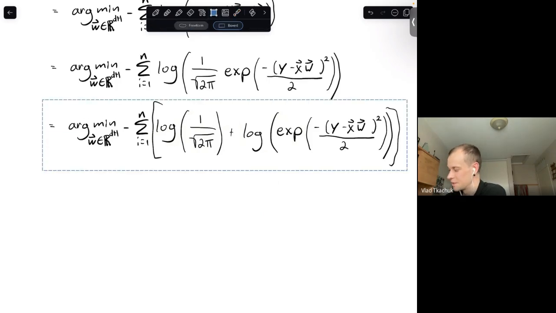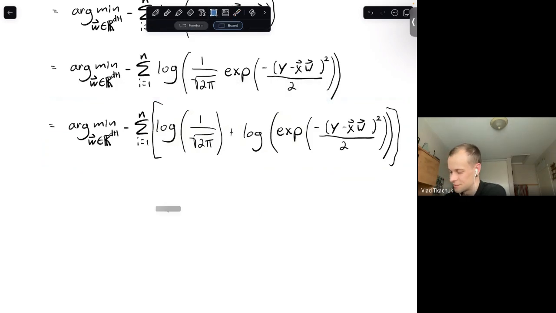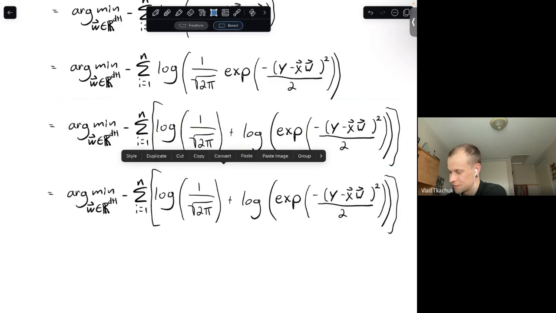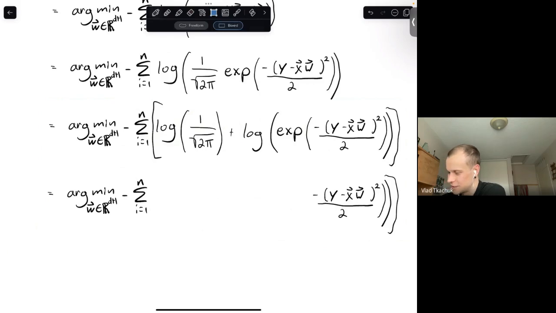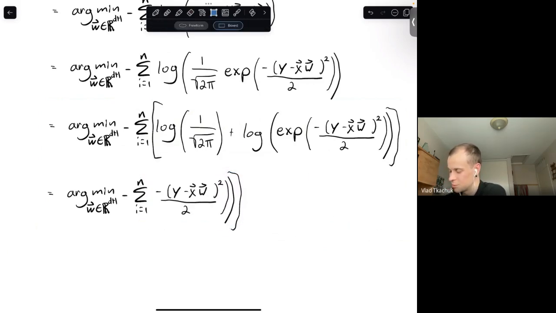So let's do that step again. I can remove all of this and this and this, and I can move it all in again. This is just repeating everything you've seen before. And I remove this minus, I remove this minus.